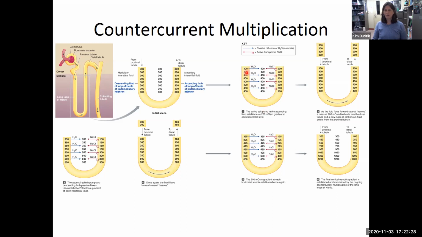Well, remember this fluid is constantly moving, so let's advance it. So here comes the fluid from above. Whoop, it moves down. That means this 400 that was on this side moves to this side, and you can see the upper portion pushed up the 200, and so now there's some 200 up here.